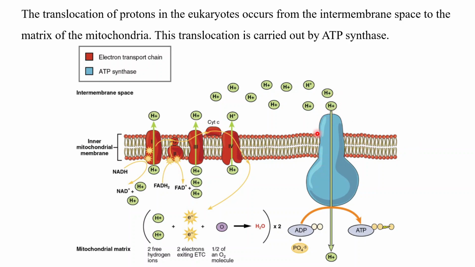In the membrane, the ATP synthase enzyme is there. So the protons are transferred from the intermembrane space to the mitochondrial matrix. So the answer is translocation of the protons from the intermembrane space to the matrix of mitochondria in order to synthesize the ATP molecule by ATP synthase. Okay?